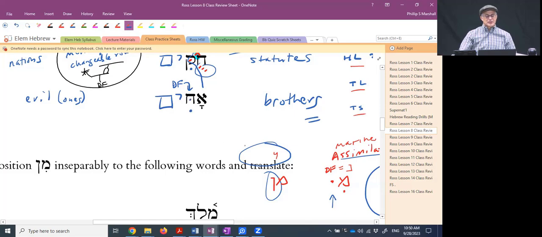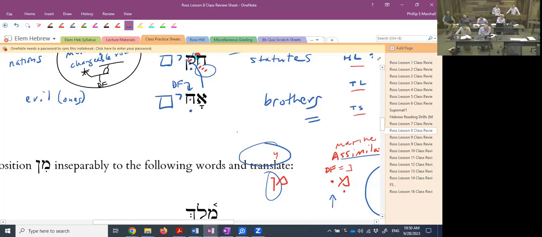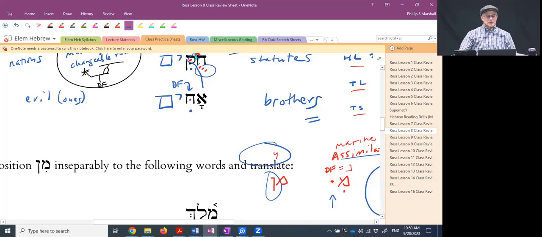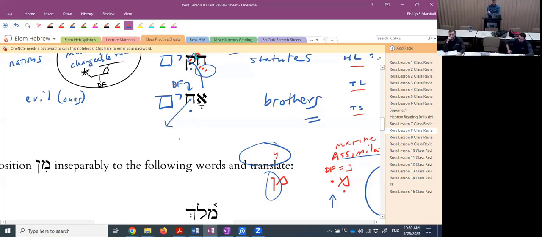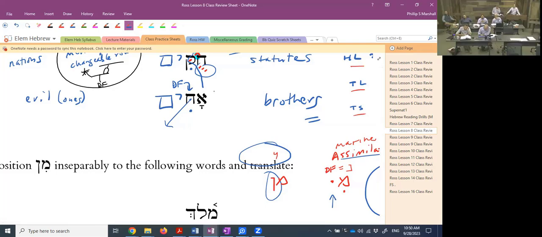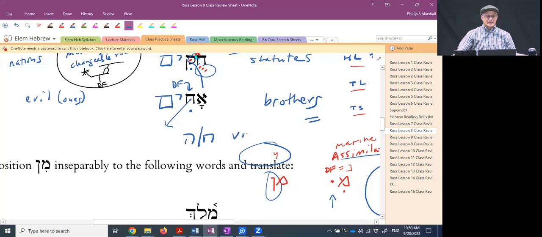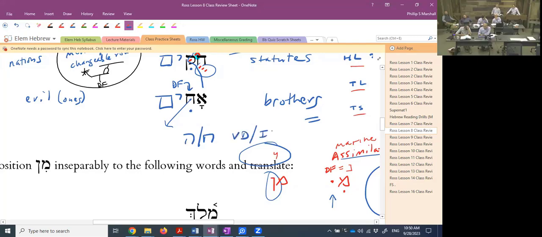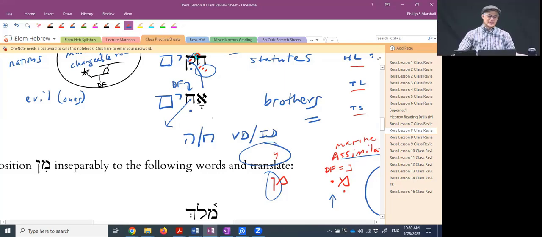Can I put a dagesh forte there? No. What's it going to do to the dagesh forte? Reject it. It can't be written. But what do chets like to do when a dagesh forte is forced upon it? Virtual doubling. Yes. Hey and chet, like VD or ID, virtual doubling or implied doubling.